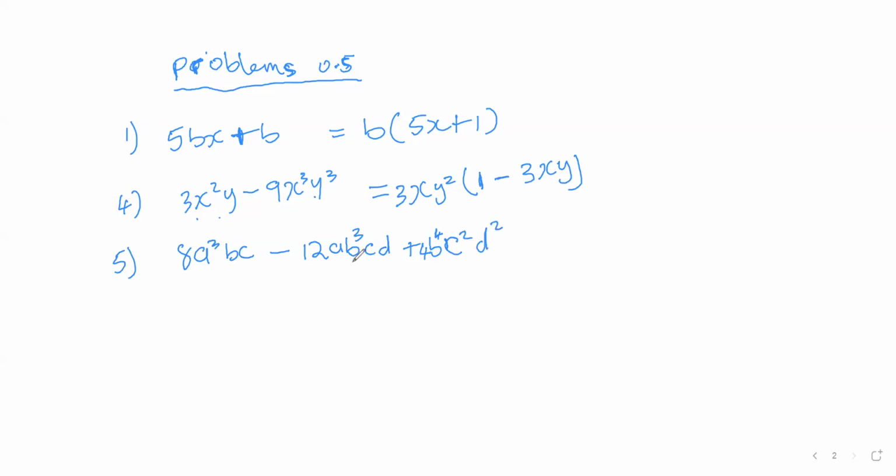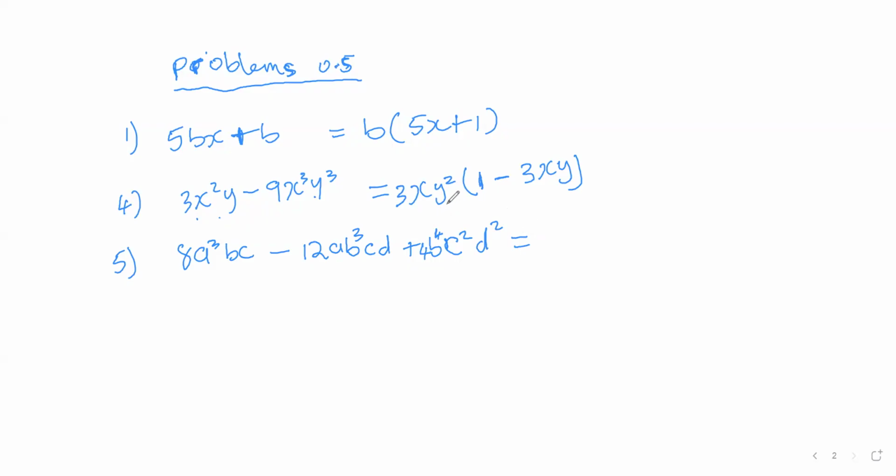Okay, so again, this is neither a difference of squares or cubes or sum of cubes or a quadratic that we can use the trial and error method on. So the only method that can help us then to simplify this is the greatest common factor.